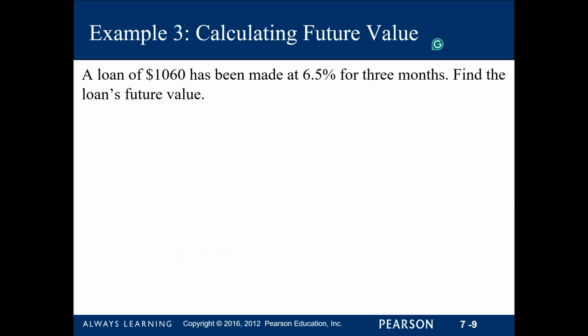So that's that. So let's have this example. We have a loan of 1060 made at 6.5% for 3 months. What is the future value? So we're looking for the future value. So it's the original money and the interest altogether.